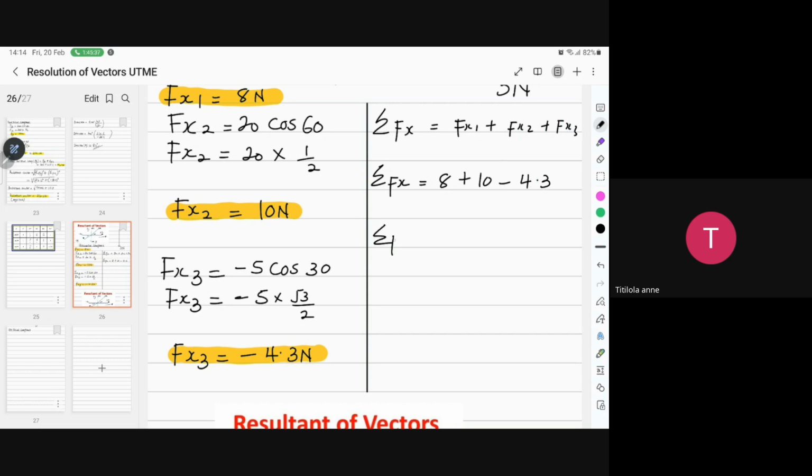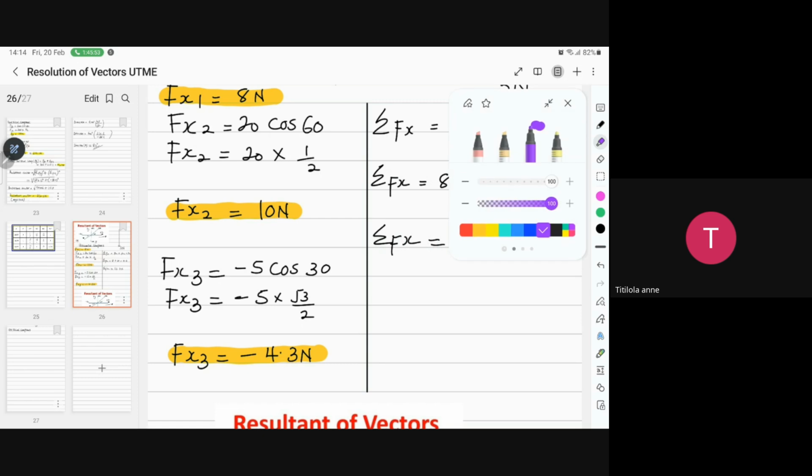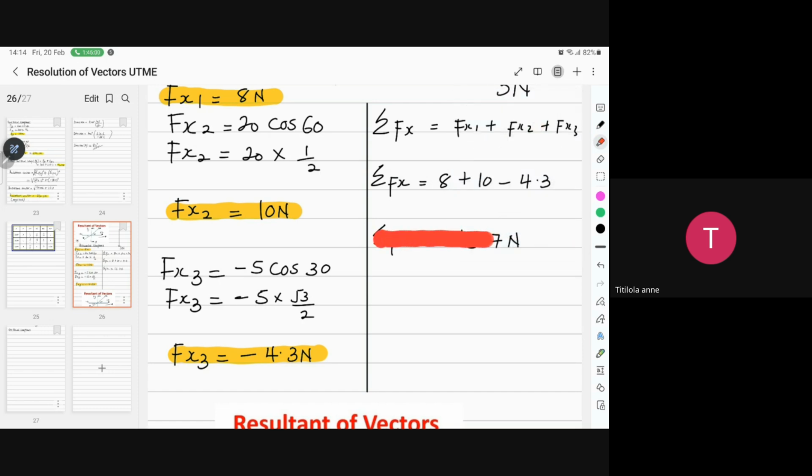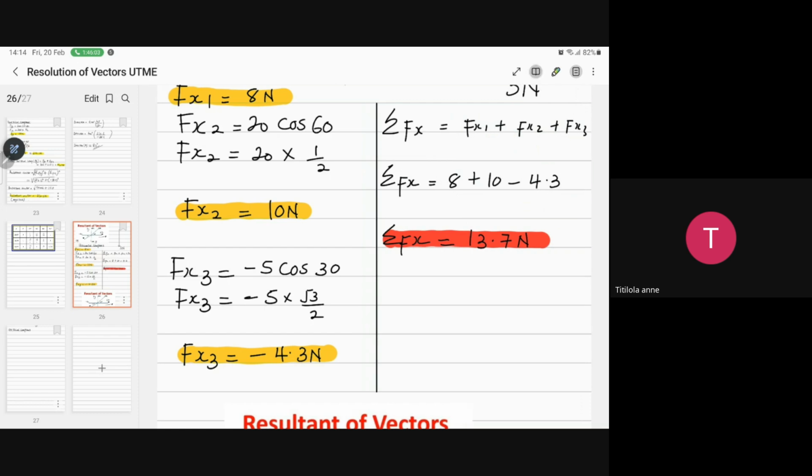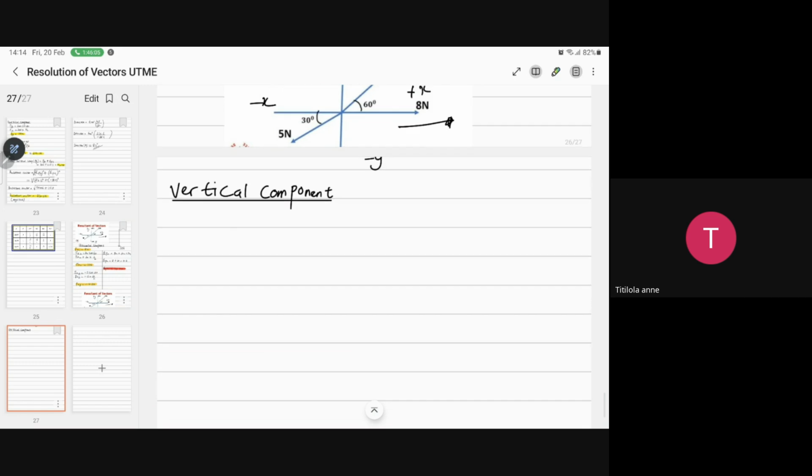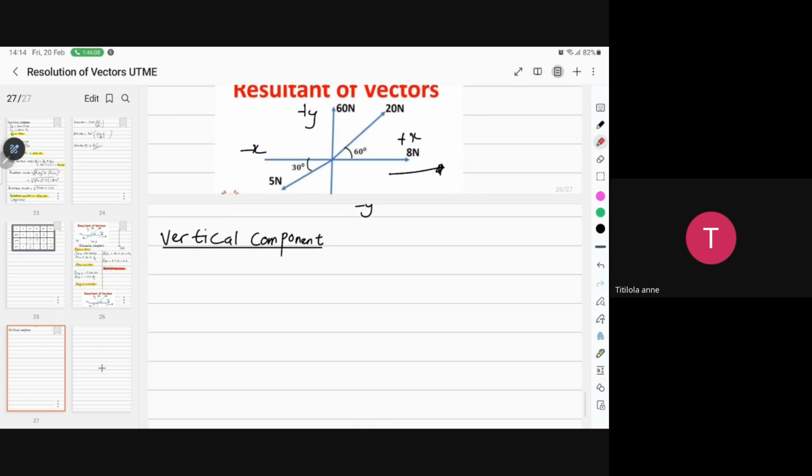That will give us 13.7 Newton. So we'll have our value right away. So final answer is what? 13.7 Newton.